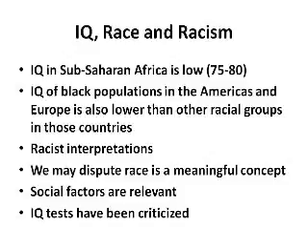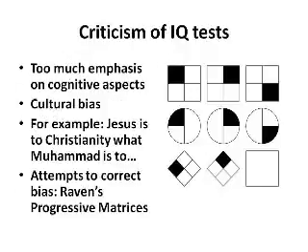Well, first of all, there's a criticism that this test places too much emphasis on cognitive aspects. Now, remember the theory of multiple intelligences. They claim that there are various types of intelligences. And one of their criticisms of IQ tests is that it places too much emphasis on the cognitive aspect of intelligence, basically the logical, mathematical dimension and the verbal and communication dimension.